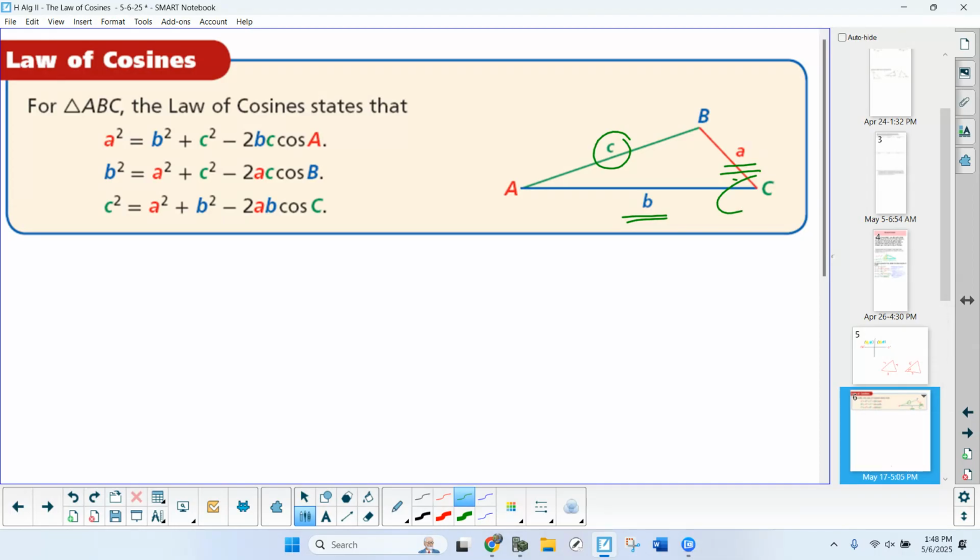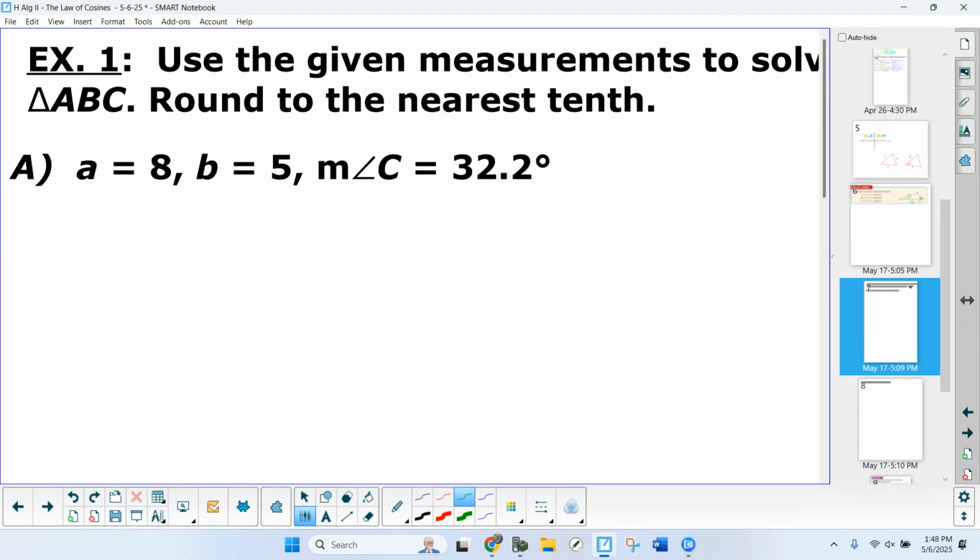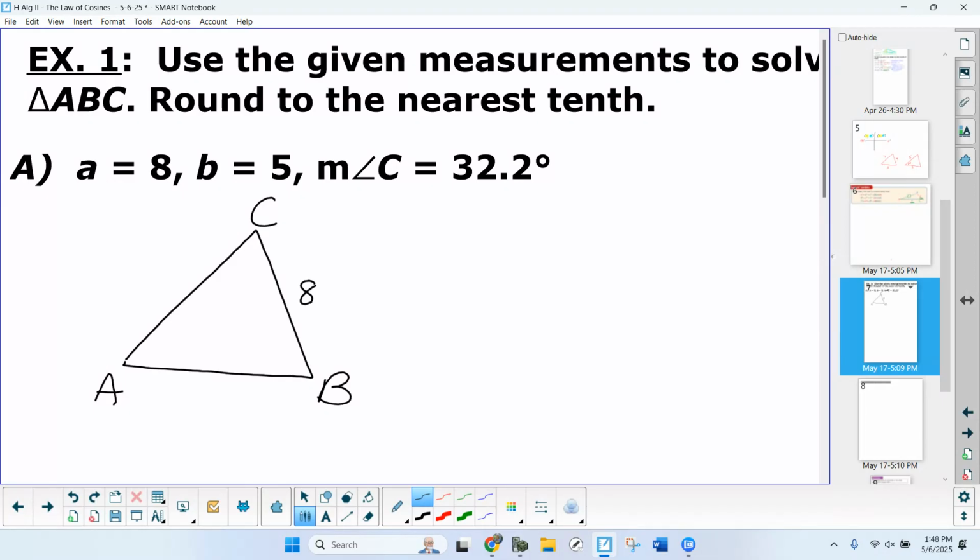Watch. We're going to go to our first problem. And of course, you know I'm going to draw a triangle. You need to draw a triangle. It does not have to be drawn to scale, but it does have to be labeled because side A is opposite of angle A. Side B is opposite of angle B. And then angle C is here.